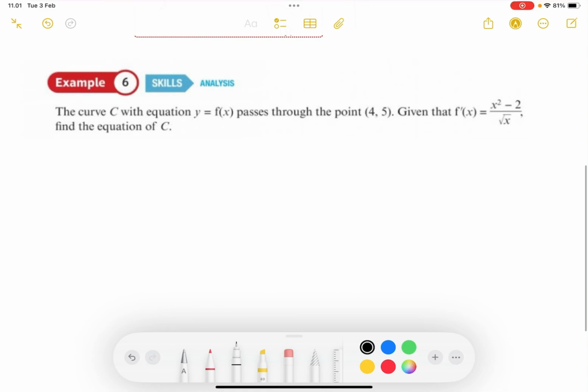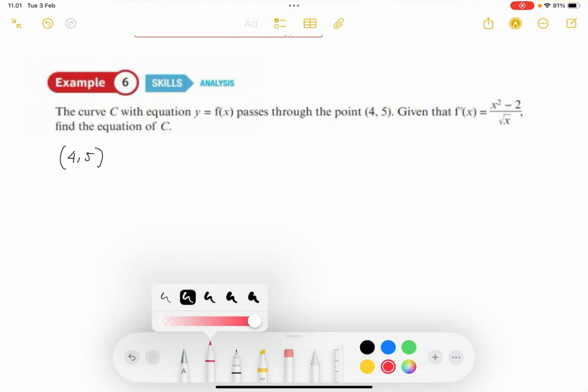Try to take a look here. I have the example. I take example 6 from your book, so you can read it again later on. The curve C with equation y equals f(x) passes through the point (4, 5). It means here 4, 5. This is x, while this one is y.